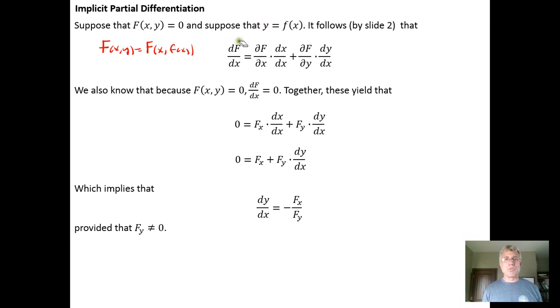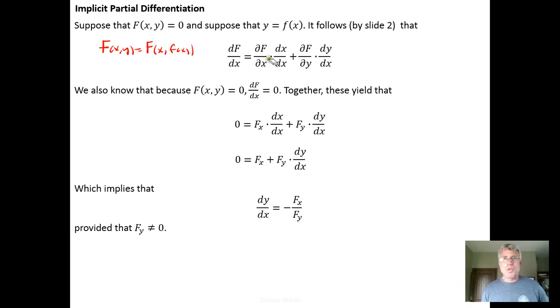If we want to do partial f partial x, we know f is changing because of x and f is changing because of y. So to find out how f is changing because of x, I can do partial f partial x times dx dx. And then dx dx is really a 1. So I have the rate of change of f with respect to x really already by doing partial f partial x.